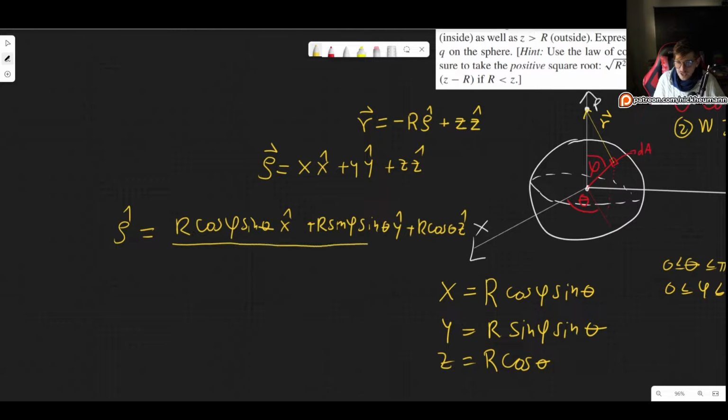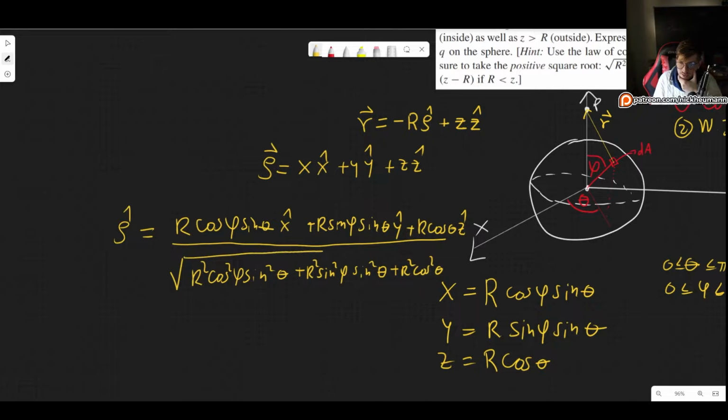And we have to divide all of that by the modulus, which will be each one of those components squared. Okay, so here we get r squared cosine squared of phi sine squared of theta plus r squared sine squared of phi sine squared of theta plus r squared cosine squared of theta.